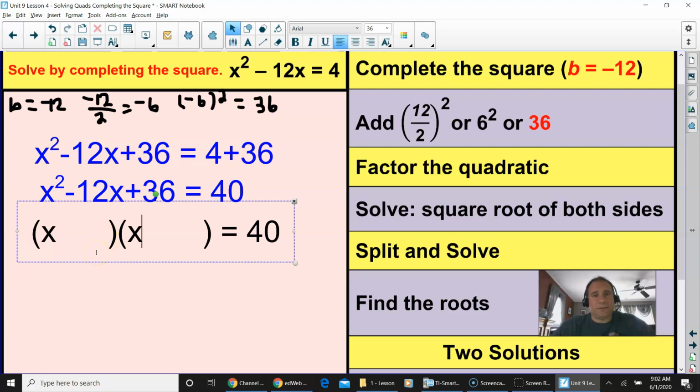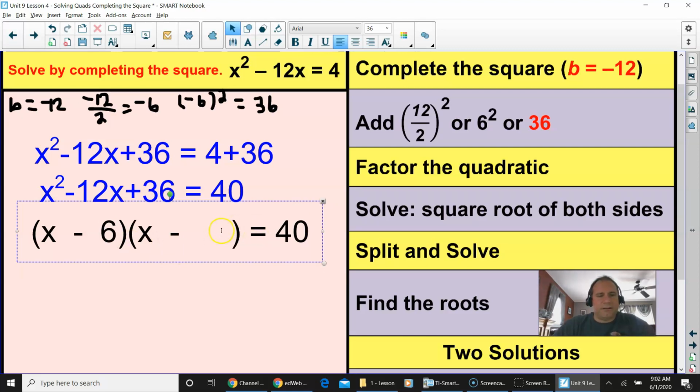Well, I could think of 6 times 6. But it has to multiply to a positive and it has to add to a -12. So we're talking about positive times positive or negative times negative. It cannot be positive times positive because this is not positive 12. So it has to be negative times negative. So we're going to put a -6 there, and we're also going to put another -6.